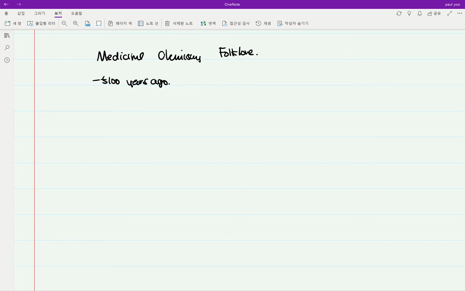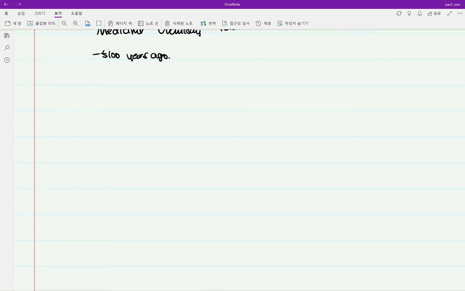In Chinese Emperor Shen Nung's Book of Herbs, they had a plant called Mahong, and this Mahong was used as a heart stimulant and for nasal and chest congestion. And nowadays it has been found to contain ephedrine.